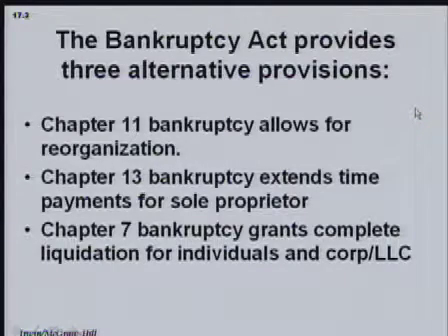It's a liquidation. If it's a company, the company shuts down, a bankruptcy trustee is appointed by the court. That trustee comes in and gathers up all the assets, the computers, the projectors, the furniture, the equipment, the light fixtures if you own them, and auctions them off at public auction.